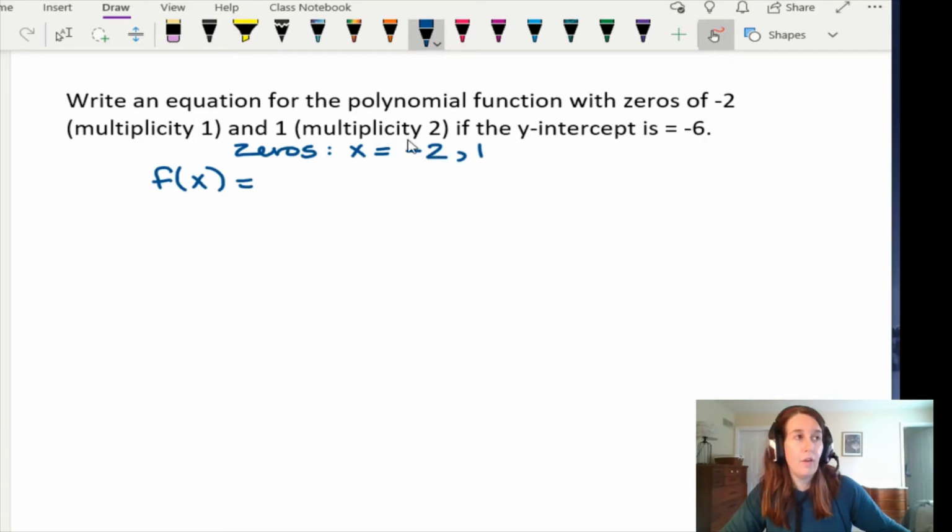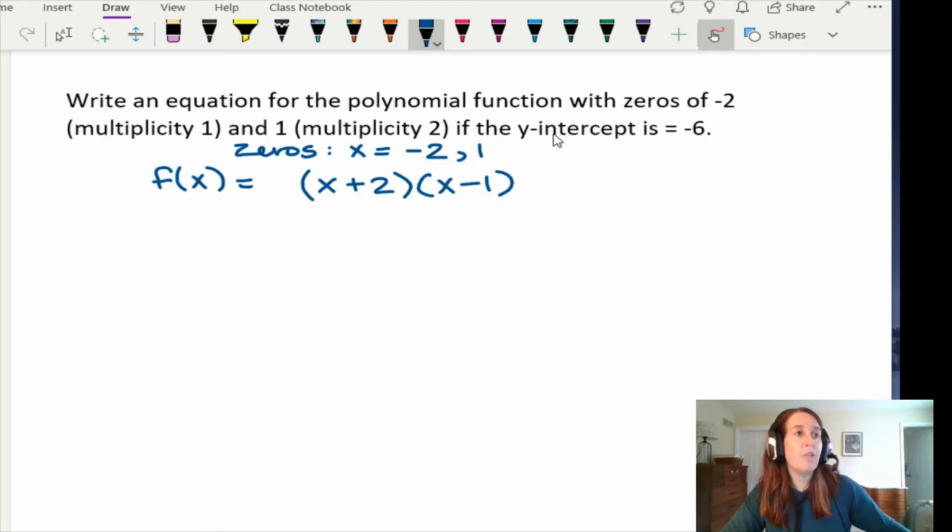And then if the zeros are -2 and 1, what we know about that then is that the factor is x plus 2 to make the 0 be -2. And we know here the factor is x minus 1 to make the 0 be 1.